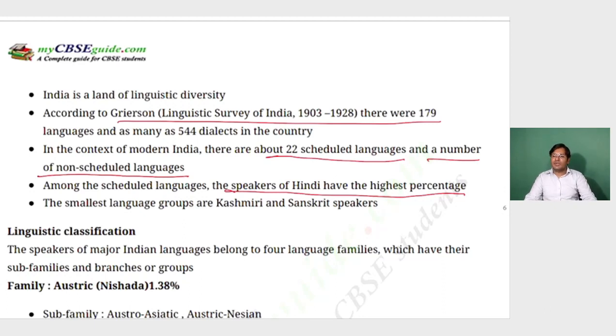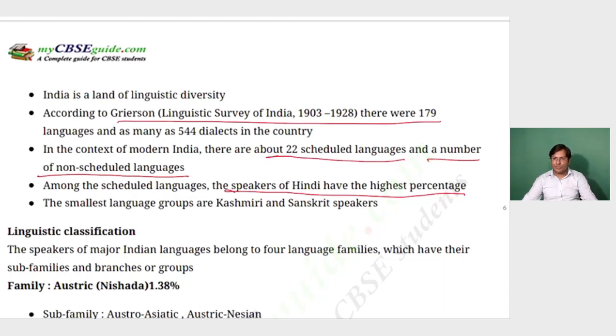Apart from them, the Indian population is divided into 4 linguistic groups. जो mainly जो Indian population है उसको 4 linguistic groups के अंदर डिवाइड किया है.